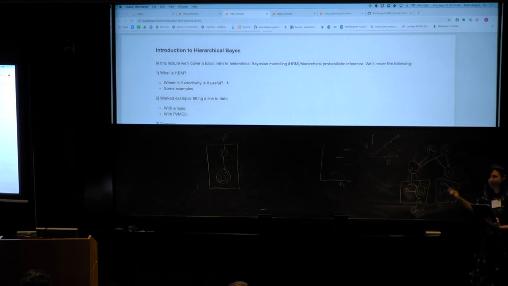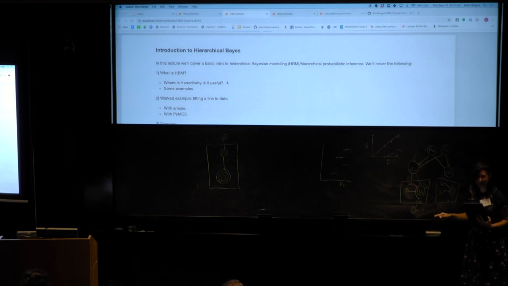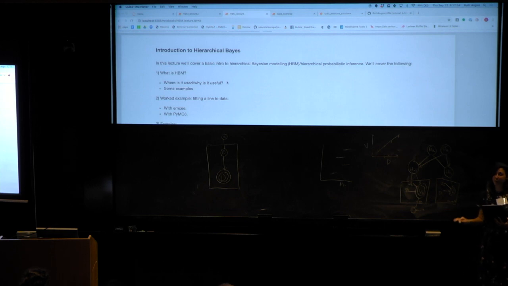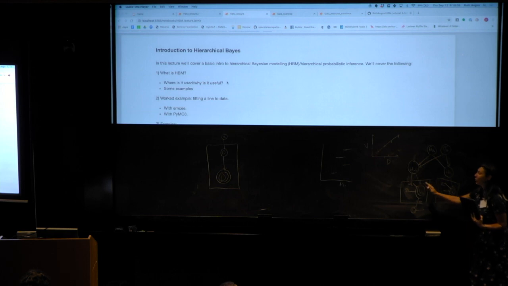Okay, so there are many ways in which we could make this model hierarchical, and you can keep going down until you get to the raw data, but it's not always pragmatic. It's not always going to improve your inference. It will improve your inference if you need support from all of these observations to get a precise constraint on these things.